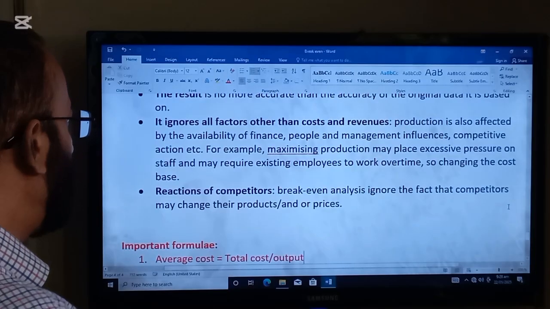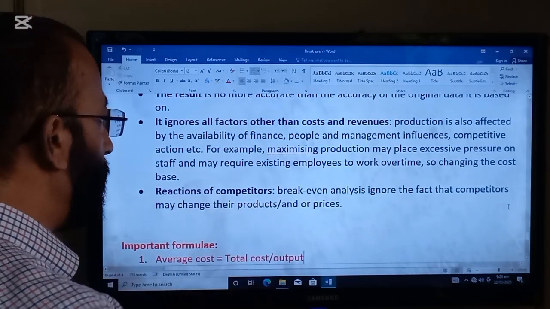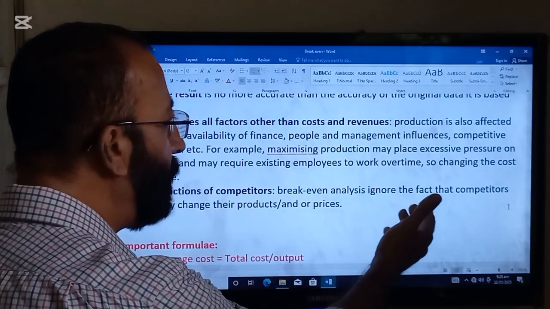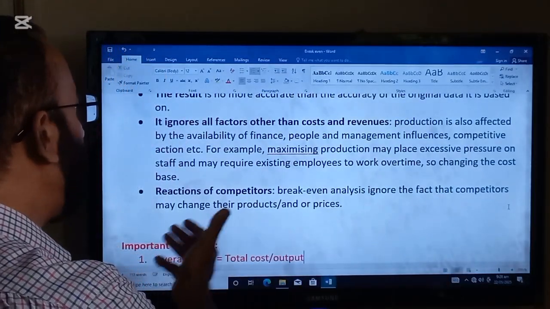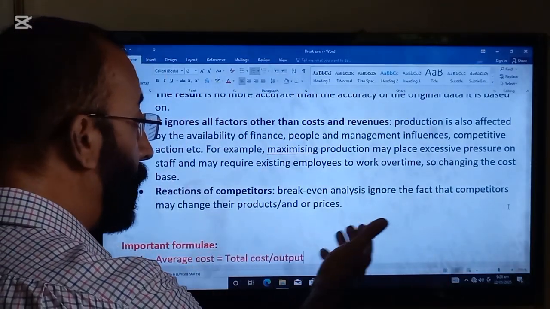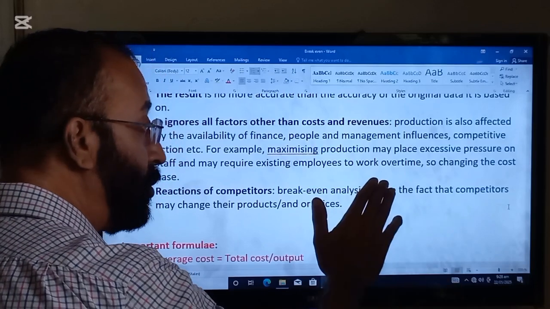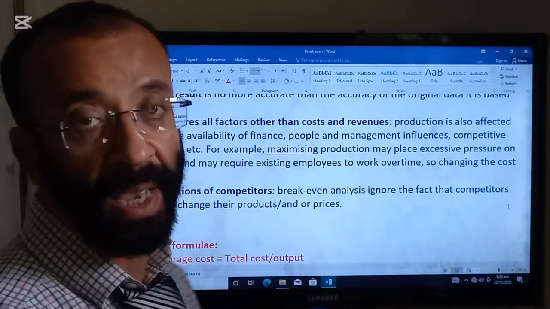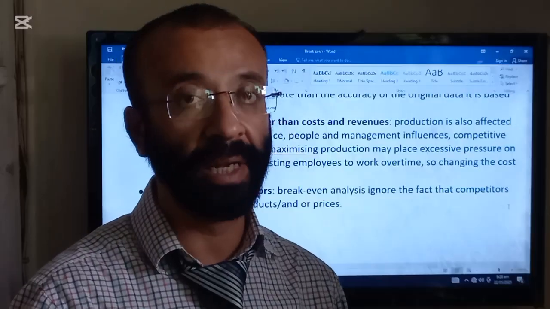Next drawback is reactions of the competitors. Break-even analysis ignores the fact that competitors may change their product and or price that will affect your business as well. So these are the drawbacks in the break-even analysis.